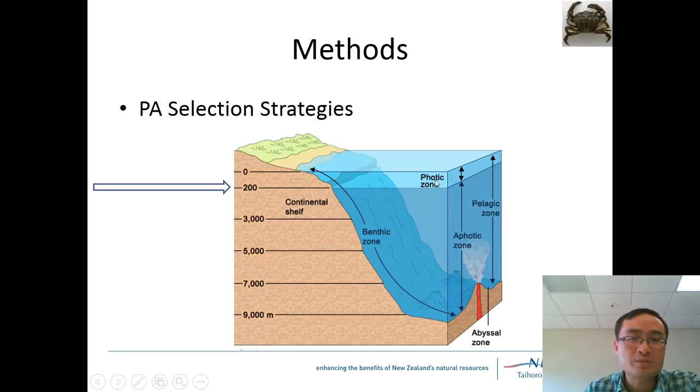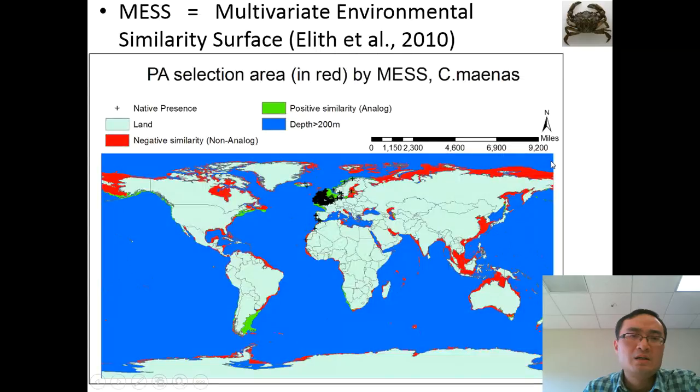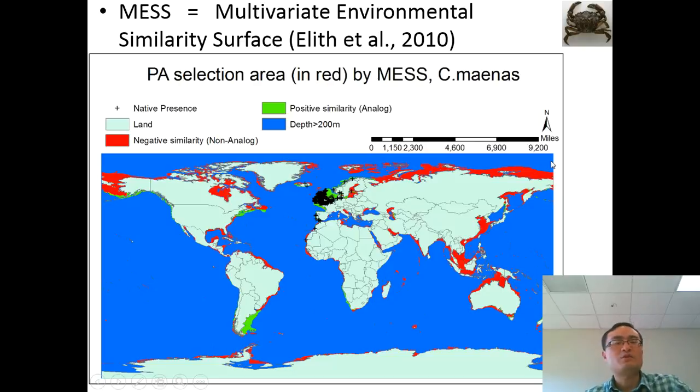So it's only from the photic zone, because it is most biodiverse. Let's have a look at the first pseudo-absence selection strategy, MESS. MESS is short for multivariate environmental similarity surface, described by Elith.